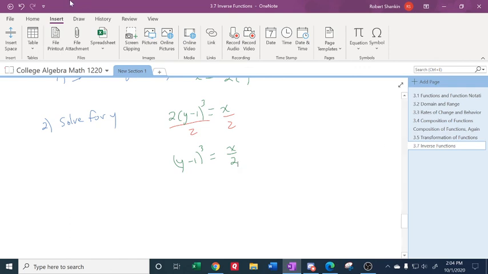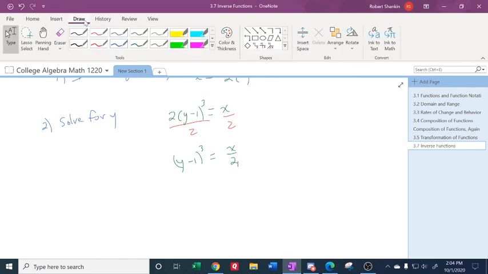So I'm going to take the cube root of both sides. Now this and this kill each other off. And then I'm going to add 1 to both sides.